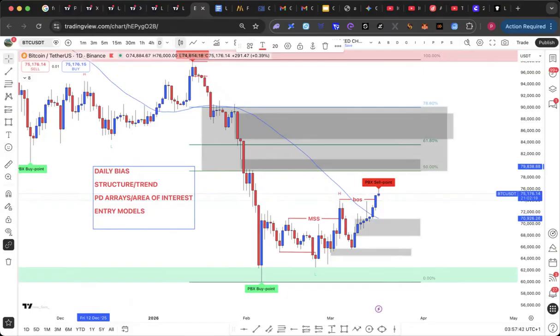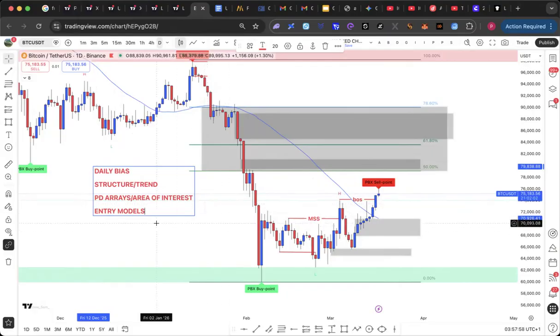Then they have aspects of probably trade management and all that. But let's look at these few things. Daily bias, structure, trend, PDR is the area of interest, and entry model. These are the most important things.